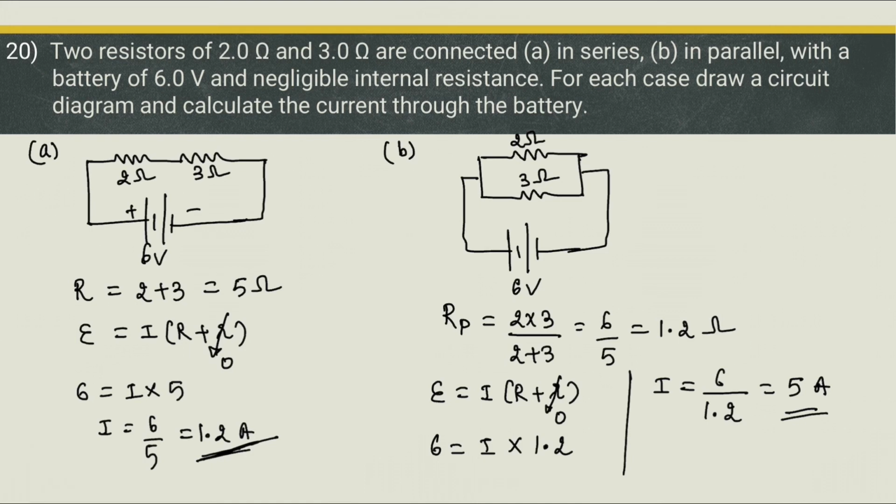So this is a very good example to demonstrate that when resistors are connected in series, the equivalent resistance of the circuit increases, and as a result current decreases. Whereas if the resistors are connected in parallel, the equivalent resistance decreases, and as a result the current increases.